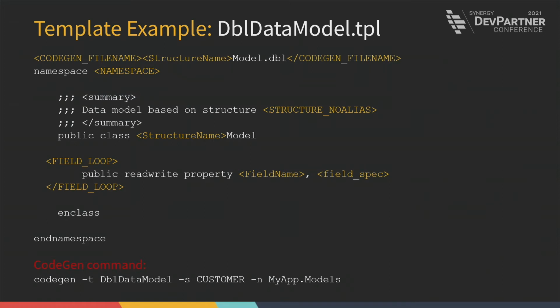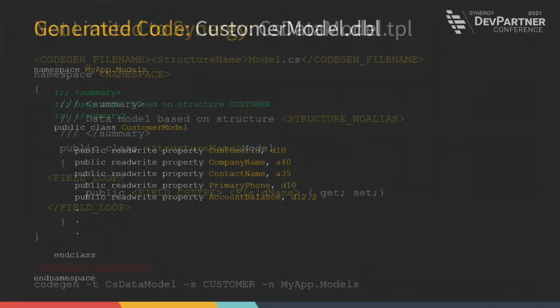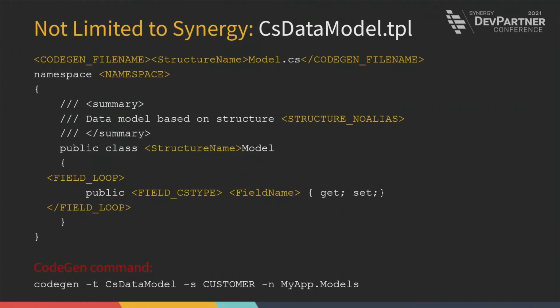Field spec inserts a DBL spec for the current field, a D5.3, for example, whereas the field CS type token inserts a C# compatible type for that kind of field. So instead of injecting a D5.3, it might insert the word decimal, for example.